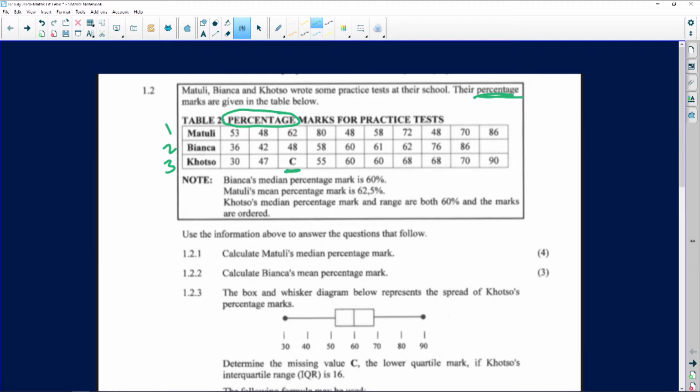We've got a beautiful side note there that says to us, Bianca's median percentage mark is 60%. So it's important for you to know what a median mark is. Already, we can see the keywords that are being given to us. And median, you need to know what a median is. You cannot walk into an exam, into a maths literacy exam, whether it's paper 1 or paper 2, because sometimes learners think there's a scope for paper 1 and a scope for paper 2.